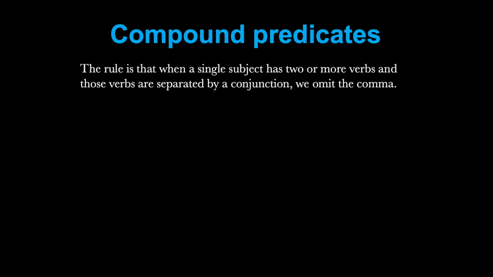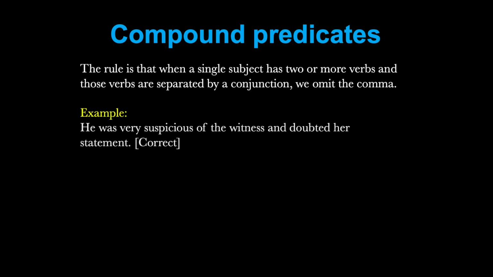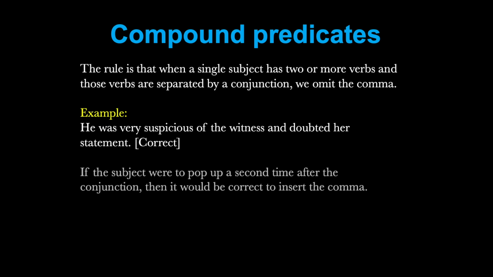The rule is that when a single subject has two or more verbs, and those verbs are separated by a conjunction, we omit the comma. Look at these examples. He was very suspicious of the witness and doubted her statement. Now there's no comma, and that is correct. But if the subject were to pop up a second time, as it did in our example when we looked at comma splicing, then it would be correct to insert the comma.